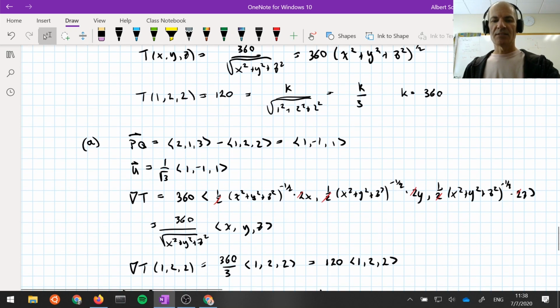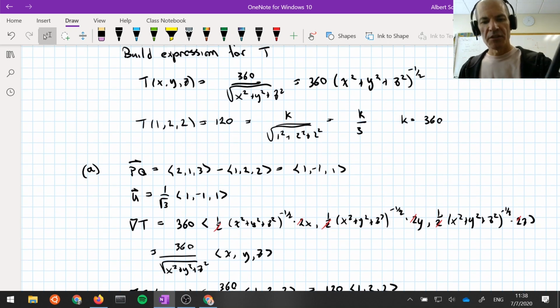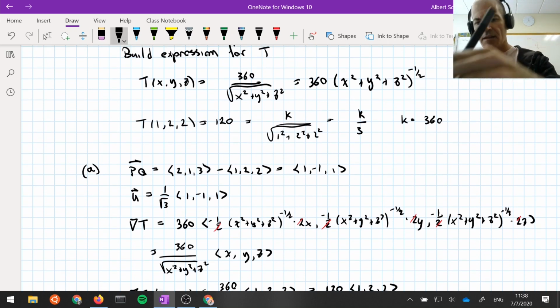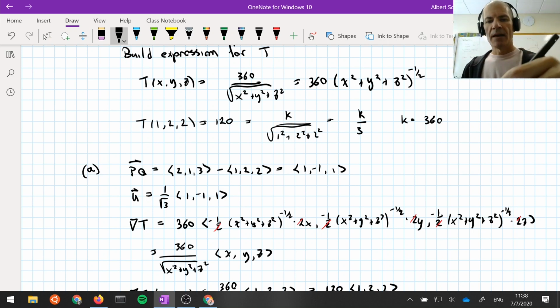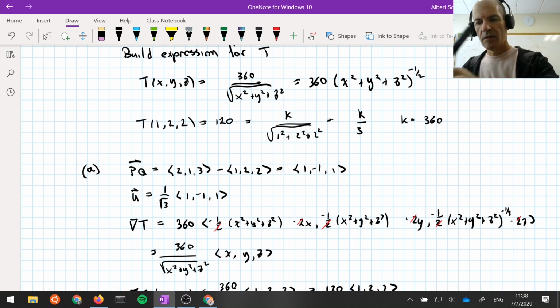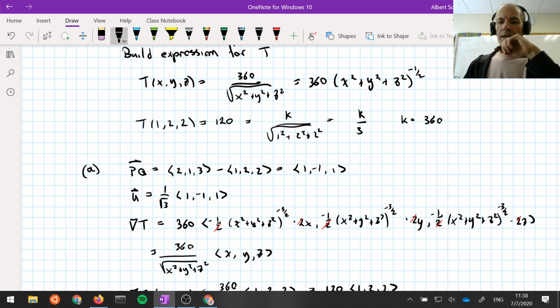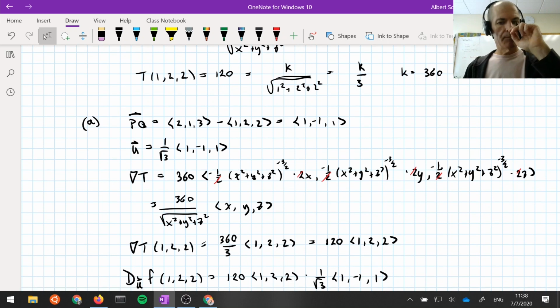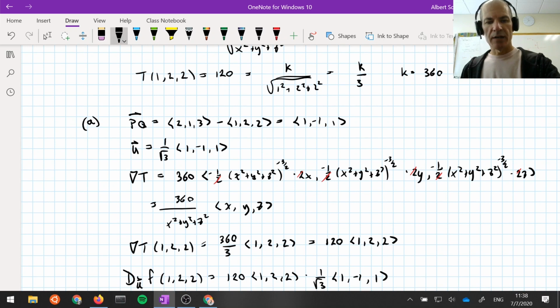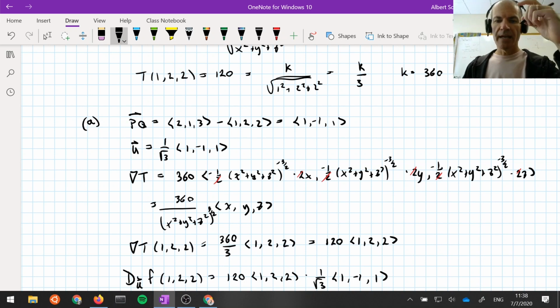But when I come down here and do these partial derivatives, there should be minus signs because I take the minus 1/2 down, and then each of these should be minus 3/2 instead of minus 1/2. And then carrying on with this, that should then come out front as not a square root, but in fact the denominator is to the 3/2, and there's an overall minus sign that comes out.